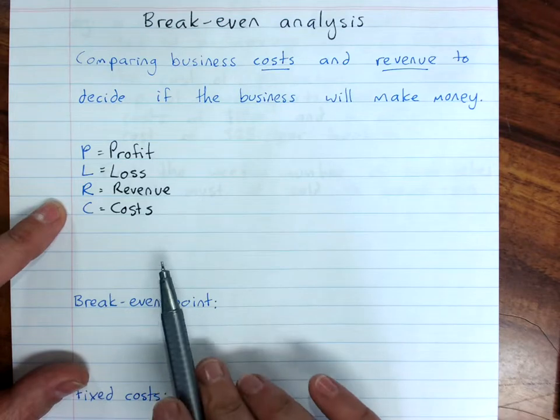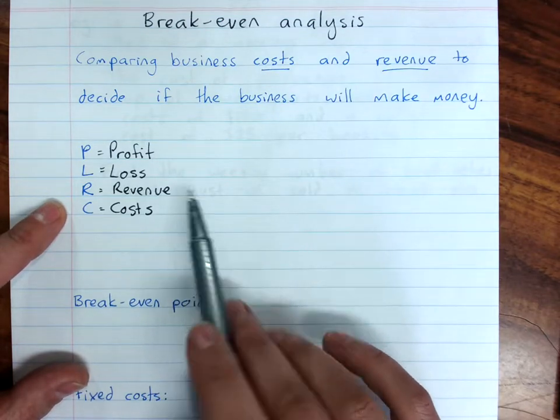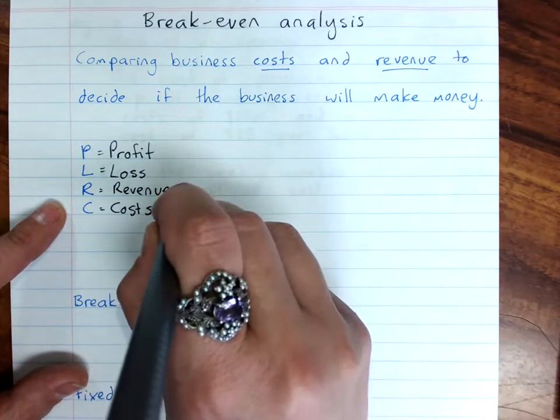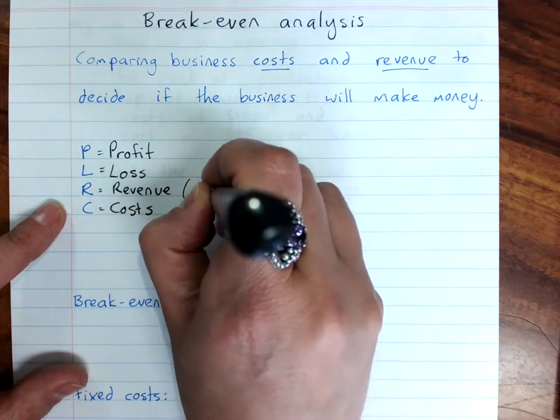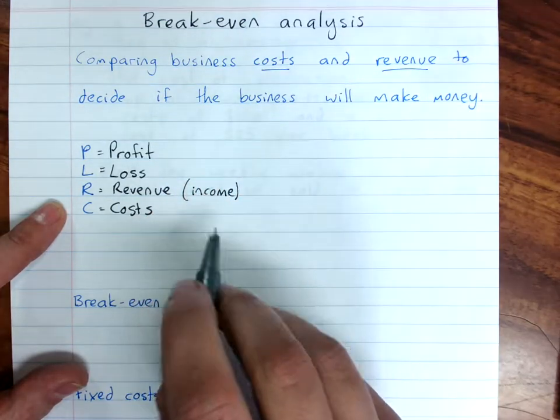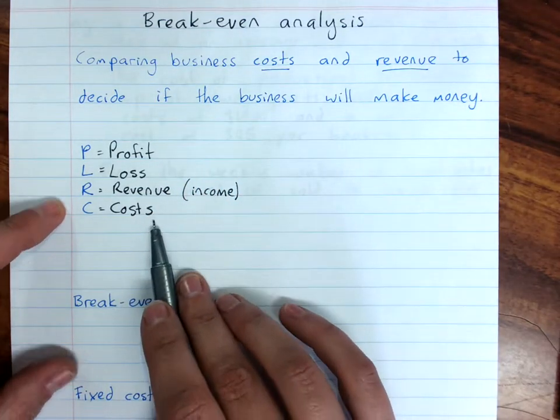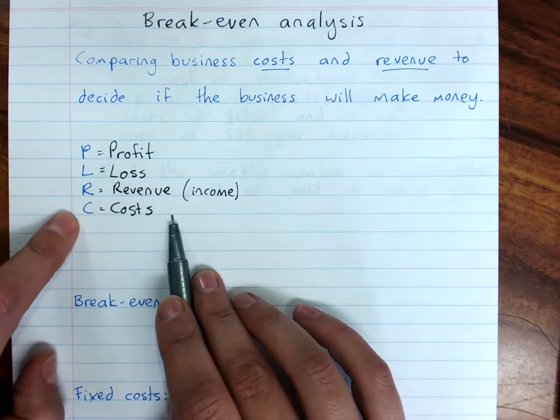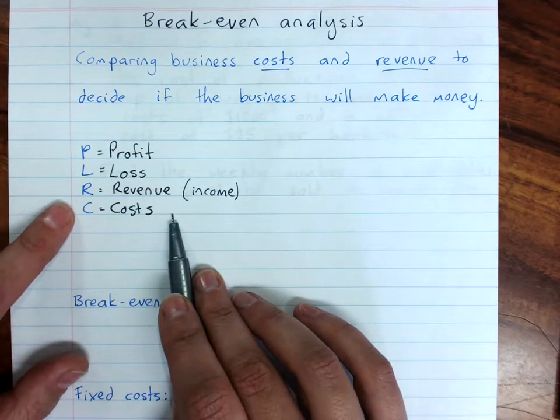Now, the revenue is the income of the business, so the money that the business makes. The costs are what it costs to run the business and make the product.